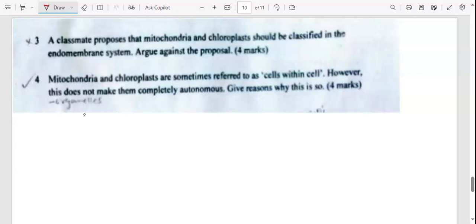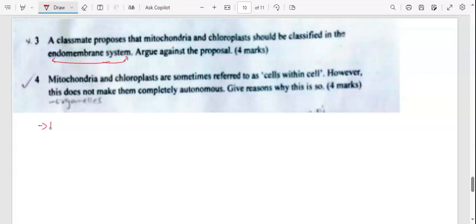My answer will be that chloroplast and the mitochondria are not derived from the endomembrane system. They are not even connected physically via the vesicles of this endomembrane system. They are somehow autonomous. That's the reason why we are discouraging them from this concept.